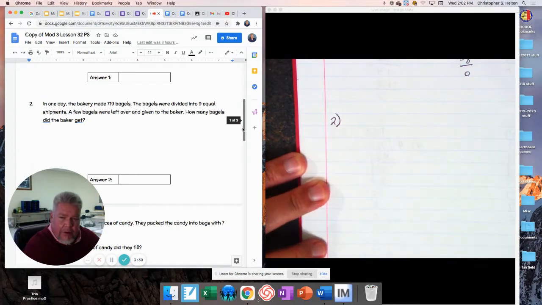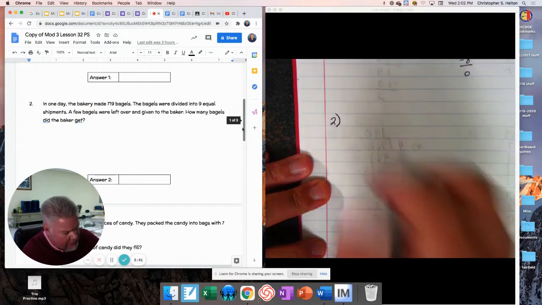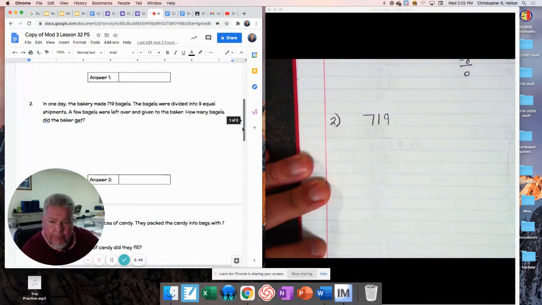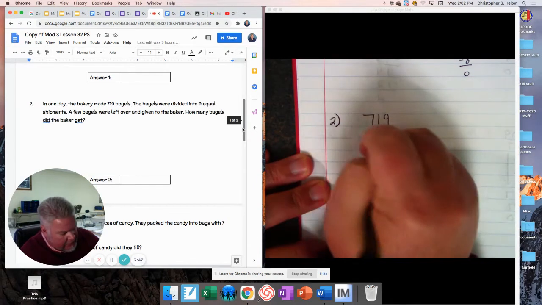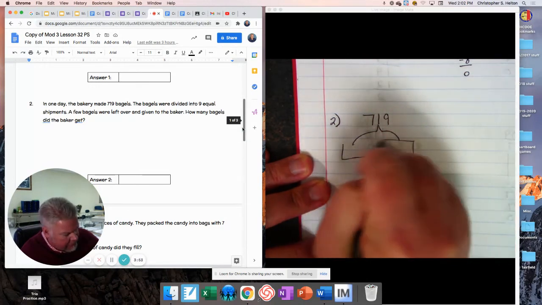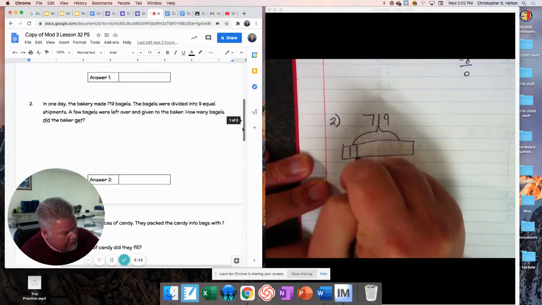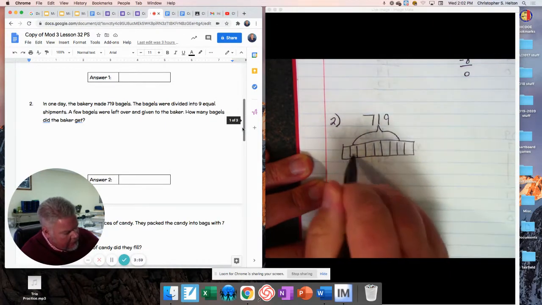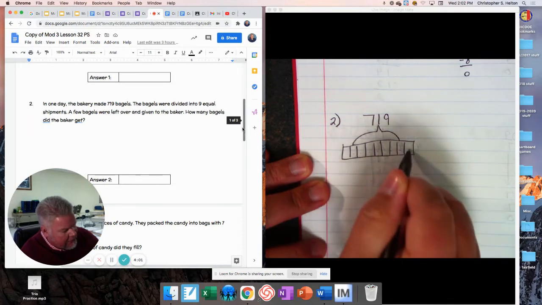So if we're going to draw a tape diagram like we just did, we know the total is 719 bagels. They were divided into 9 equal shipments. So 1, 2, 3, 4, 5, 6, 7, 8, 9 boxes.